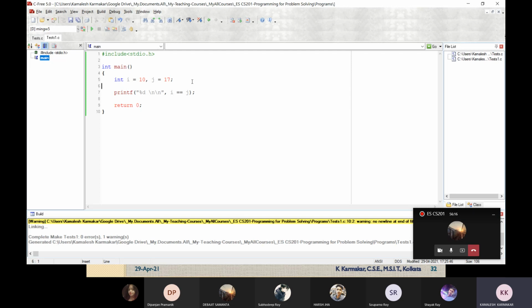Like if I just want to define this block of code, say the first initialization part I am keeping blank. So if i is less than 14, then i plus plus, and it will print the value of i. Nothing else. It's as simple as that.